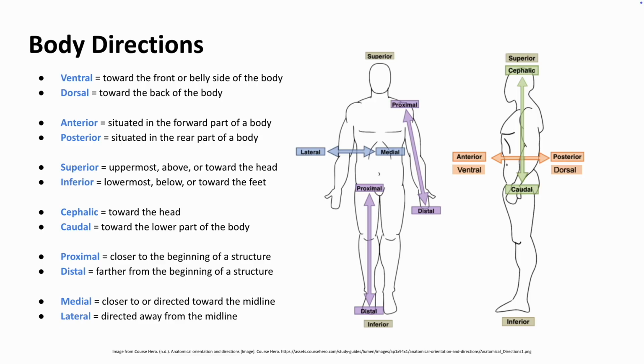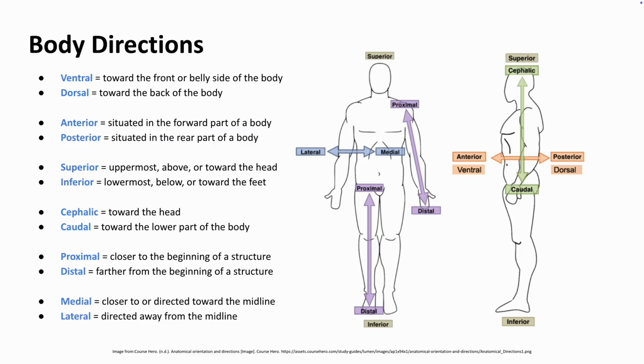Proximal means closer to the beginning of a structure. It means the same thing as close to something. Let's say there's this pen close to me and this paper away from me.